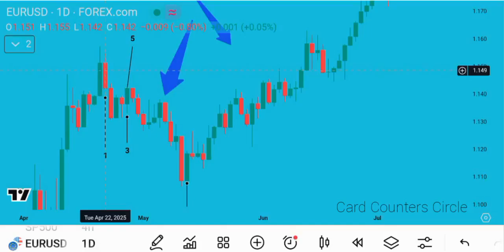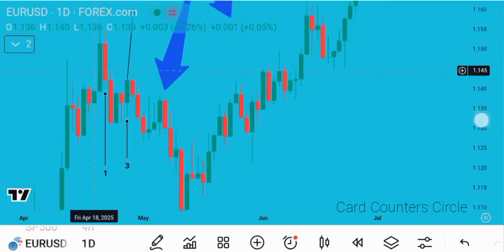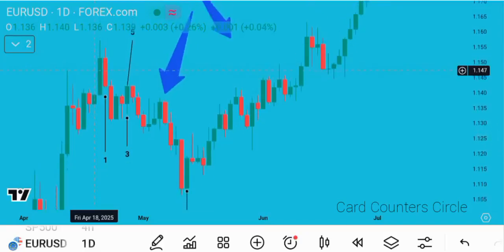So I'm trying to simplify the whole thing. I also want to teach time counting and price counting for a bonus to people who are interested. So let's figure this thing out together, right?